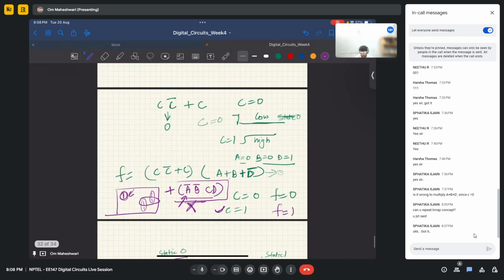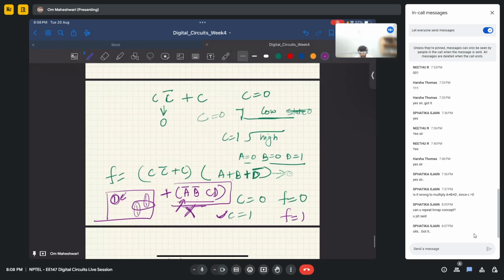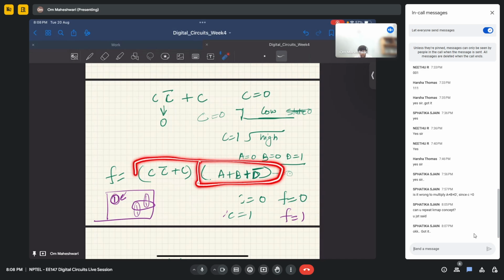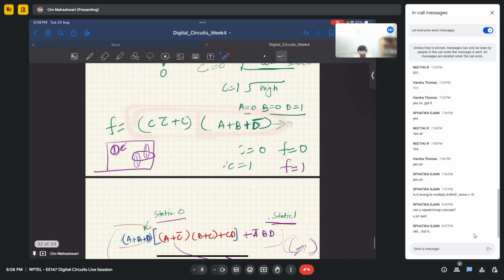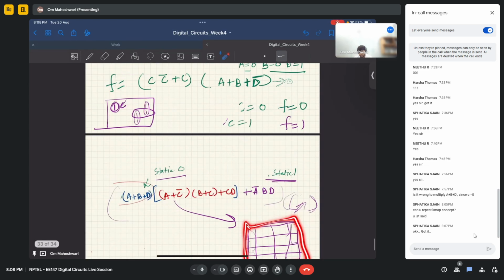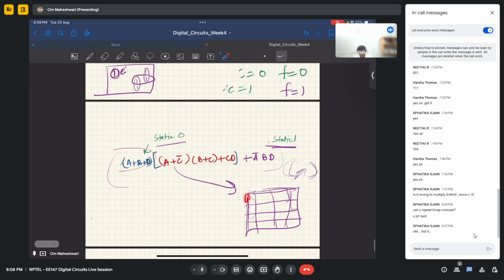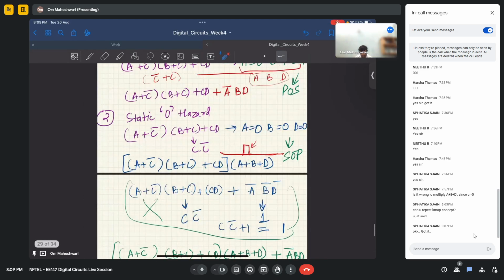The answer that I have actually also does not consider this. It only considers this part till here. But then I'm not sure about this F equals 1 condition. But if this satisfies the condition and just by doing this we do not get any ungrouped one, then that means it is correct. It must be correct. So we can conclude that the K-map is the way to go.